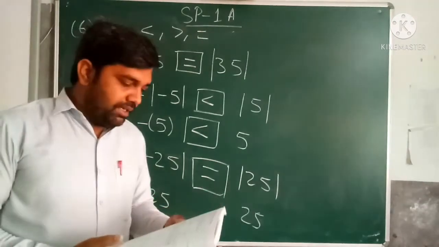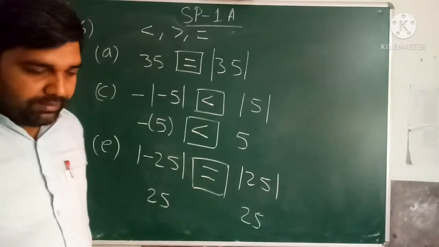Now we move to the next question, question number 7. Write the opposite of each number.